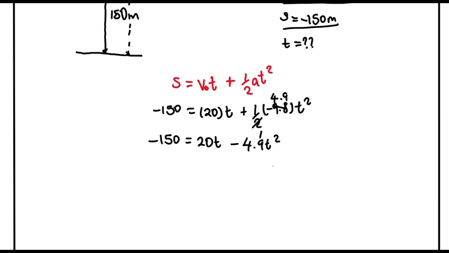Now, let's rearrange this equation, taking these two to the left-hand side. We'll have 4.9 t squared plus, or this becomes minus since it's positive 20, minus 20t minus 150 is equal to 0.